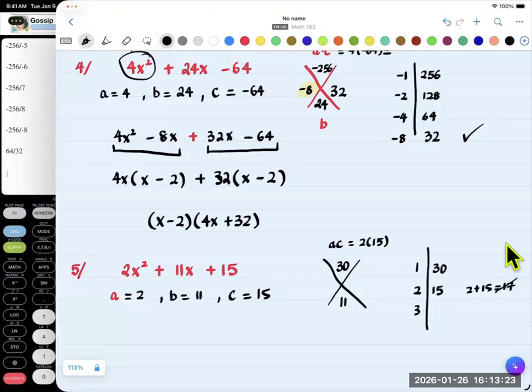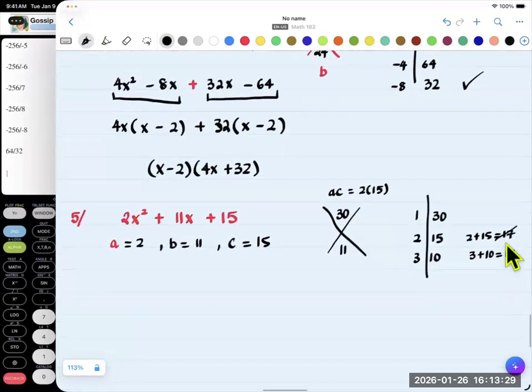How about 3 and 10? 3 plus 10 is 13, not 11, so no. 30 cannot be divided by 4, so we skip to 5. 5 and 6: 5 plus 6 is 11, which is good. We need 11.